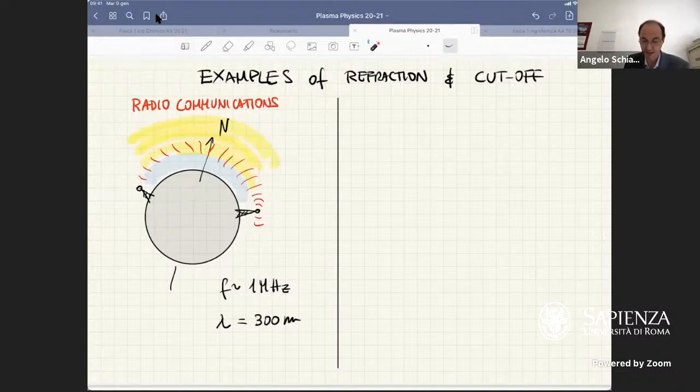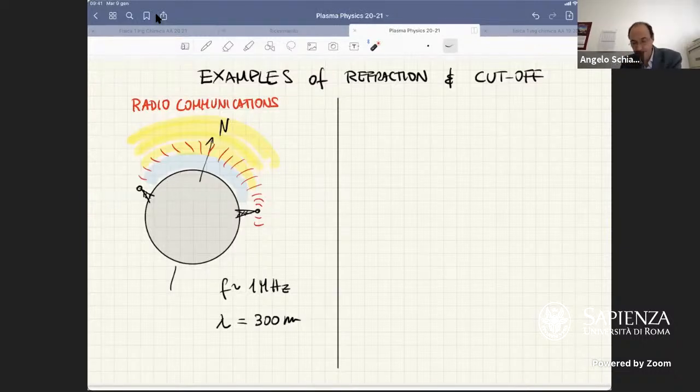That's the word we have to use. The waves are propagating up to the ionosphere and bouncing back to the surface of the Earth. So an antenna, on the other side of the planet, can collect the signal and send it back. So this is the principle that allows us to communicate using radio waves over very, very long distances.